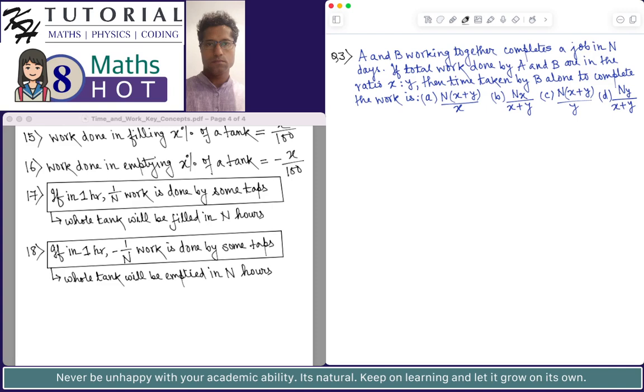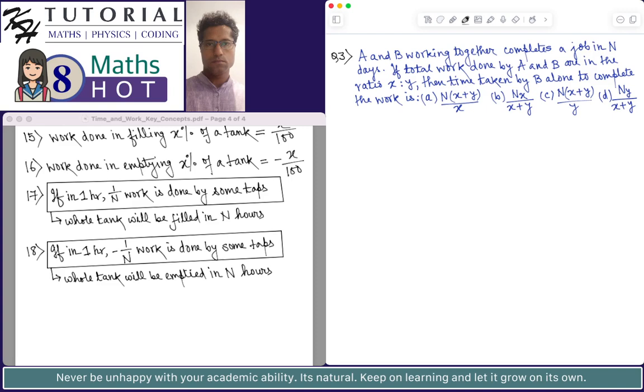Okay, so let's start from the given ratio of the work done by A and B. When we solve problems on ratio, where the ratio of two quantities is given and we need to find those two quantities, we assume those two quantities based on the parts of the ratio.